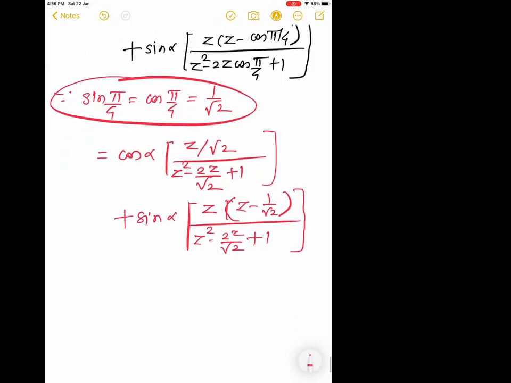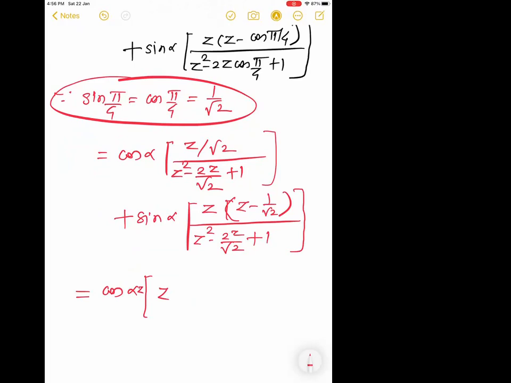So if you are keeping as it is, no difficulty, just keep it as it is. Otherwise, you can have the simplification z minus 1 by root 2 and cos of alpha z. This is first term, cos of alpha z into z first term upon 1 by root 2.